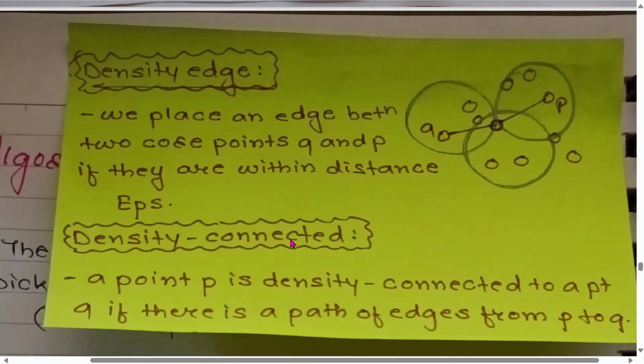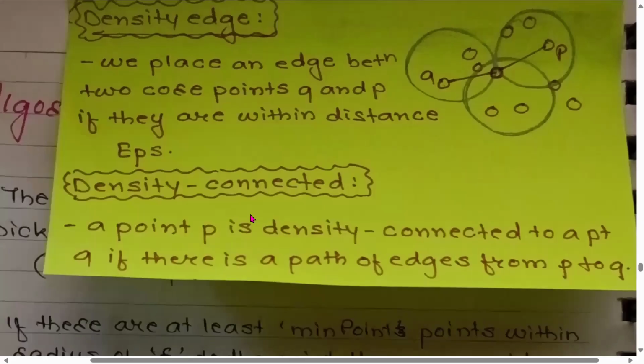Density connected: a point P is density connected to a point Q if there is a path of edges from P to Q. So density is, we place an edge between two core points Q and P if they are within distance epsilon.